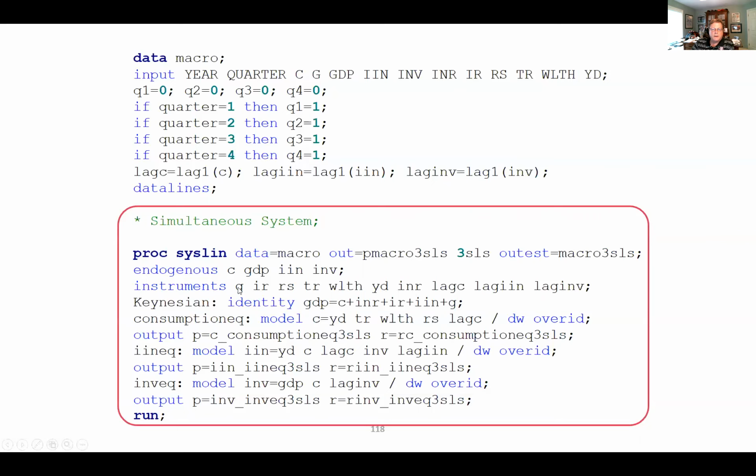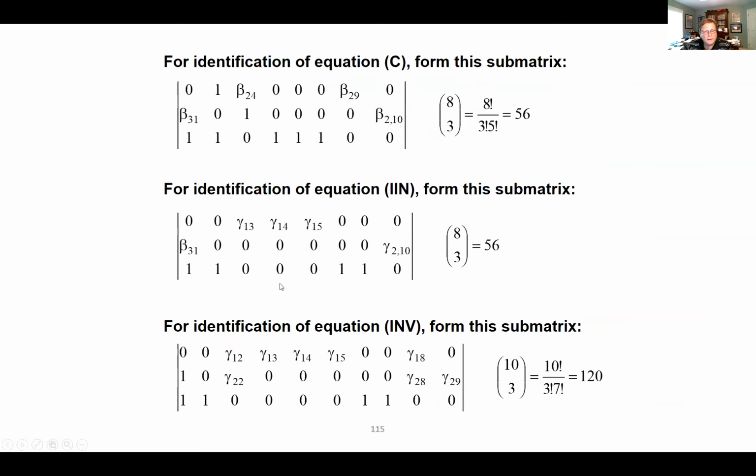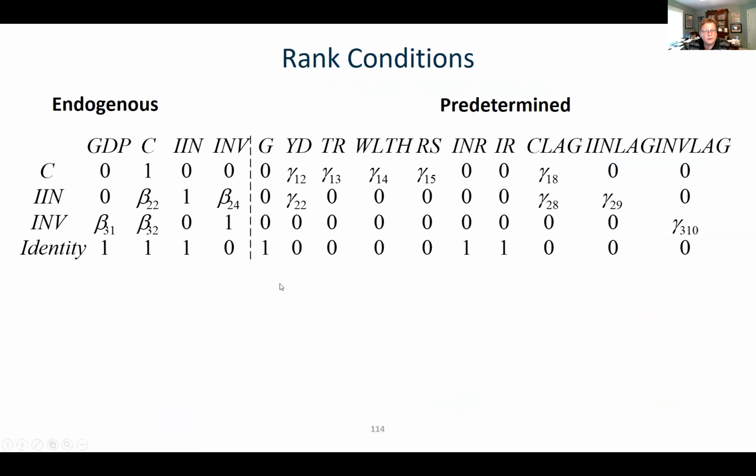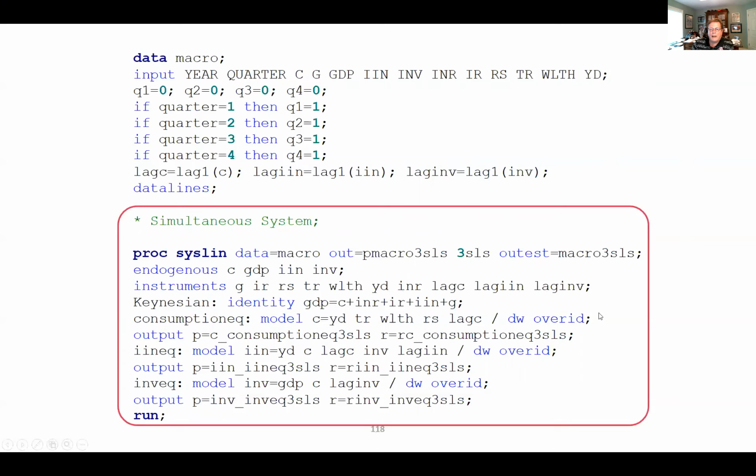But don't forget, the predetermined variables are not only the current exogenous variables, which would be 1, 2, 3, 4, 5, 6, 7, but also the lags of the endogenous variables, lag C, lag IIN, lag INV. And we simply write out the equations.